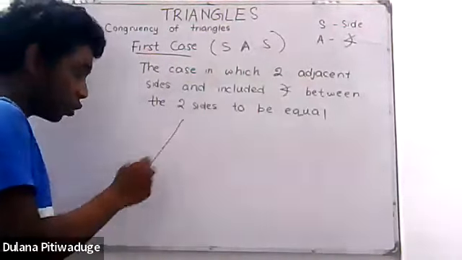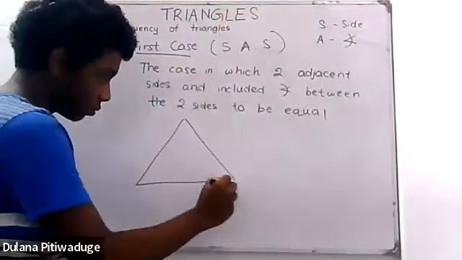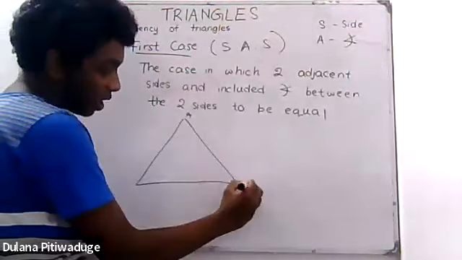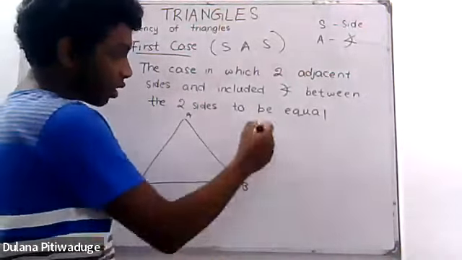So if we consider two triangles, let one triangle be ABC and the other triangle PQR.